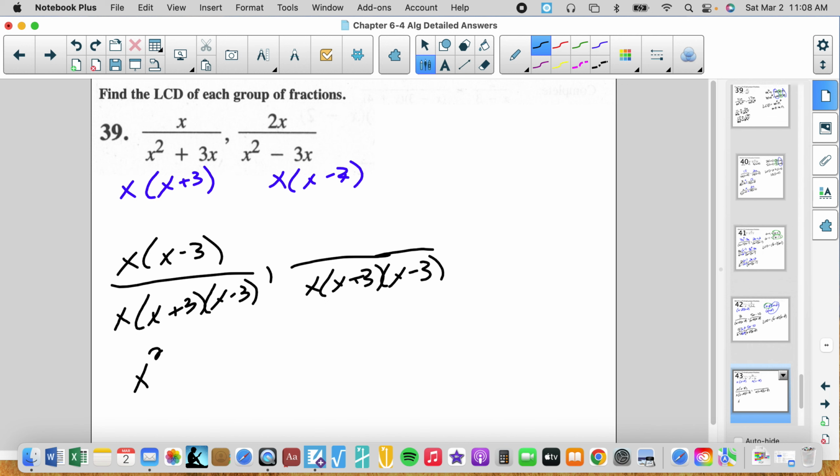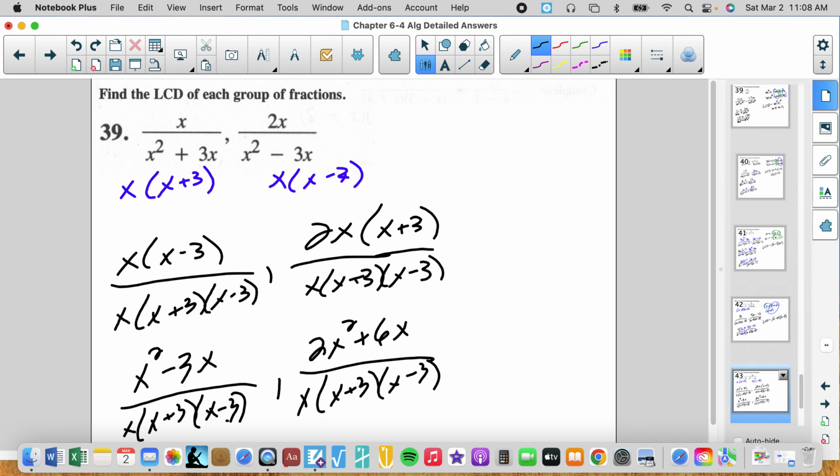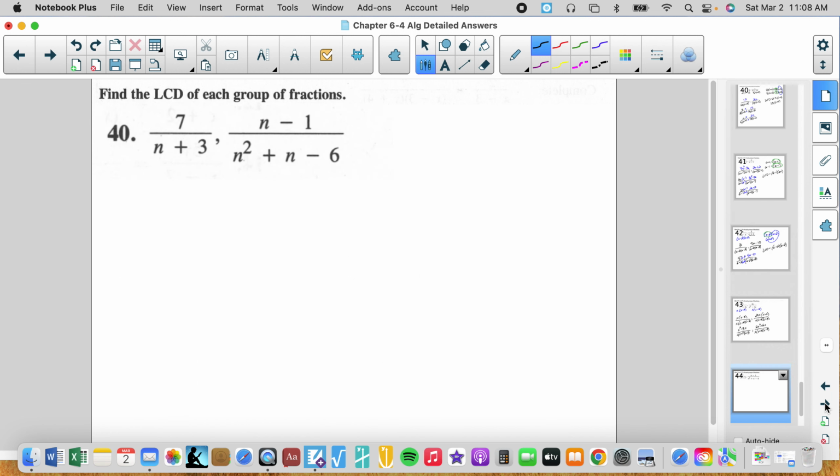So it's x squared minus 3x over x times x plus 3, x minus 3. That's horrible. And then what's this missing? You take what is in the numerator and you multiply it by what it's missing. So that's 2x squared plus 6x over x times x plus 3, x minus 3. So that's where we progress.